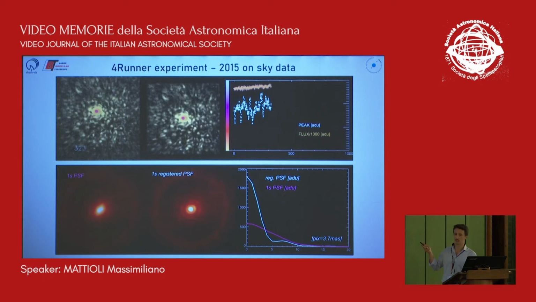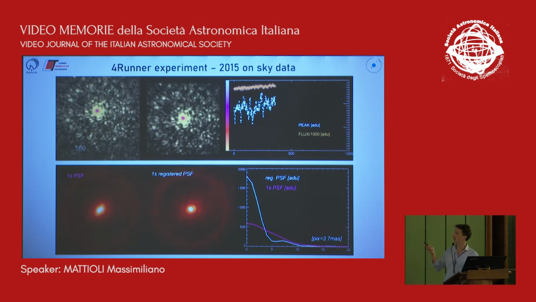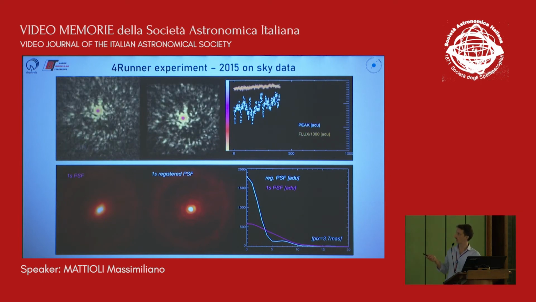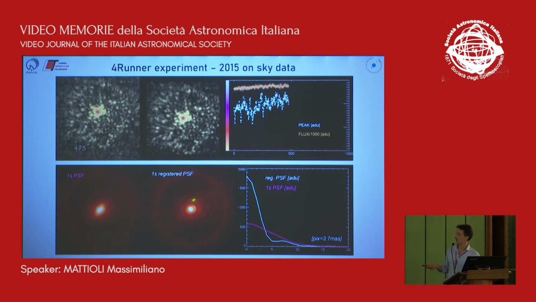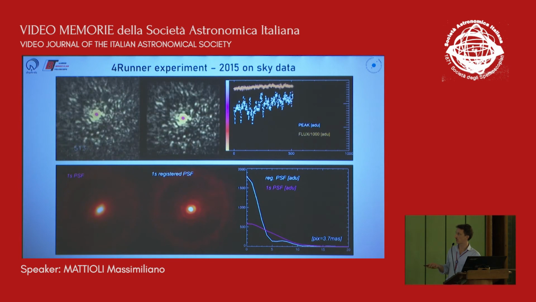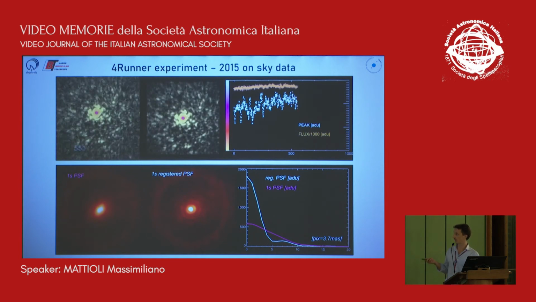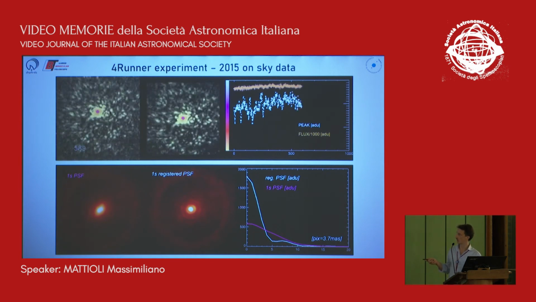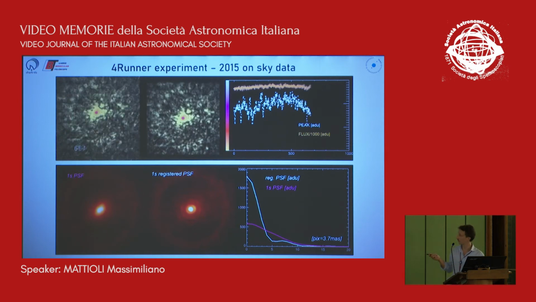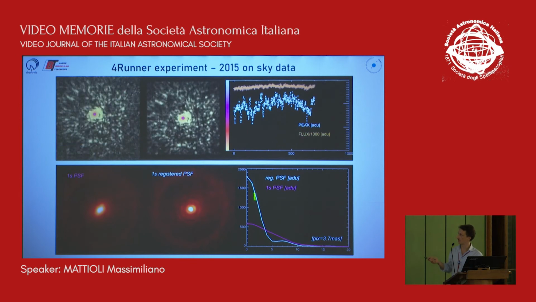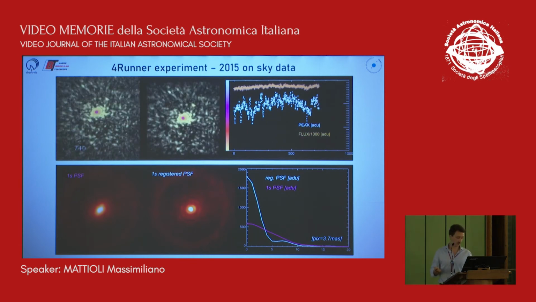Those are on-sky data acquired in 2015, and the benefit of the recentering of the beam, which can be achieved via post-processing or in real time, is quite clear in terms of recovery of the peak.